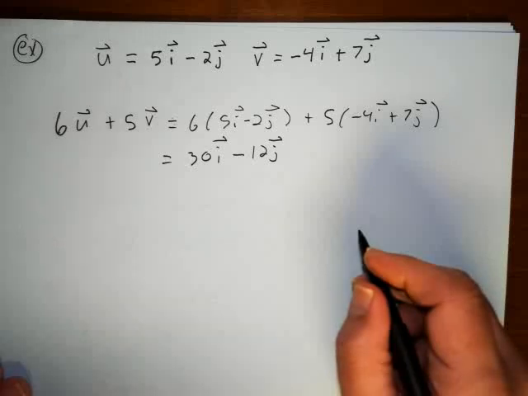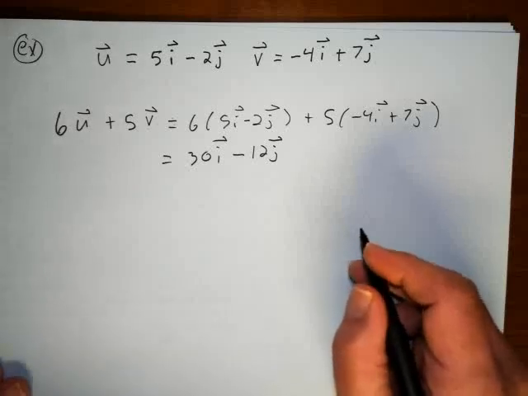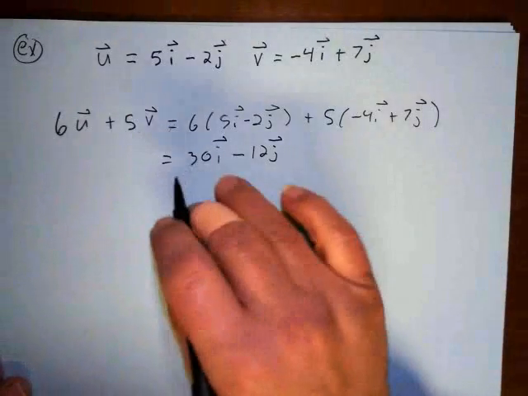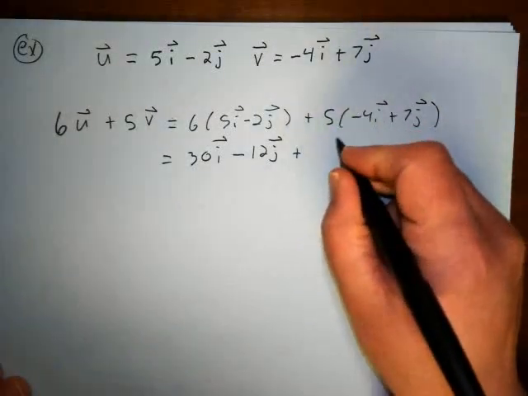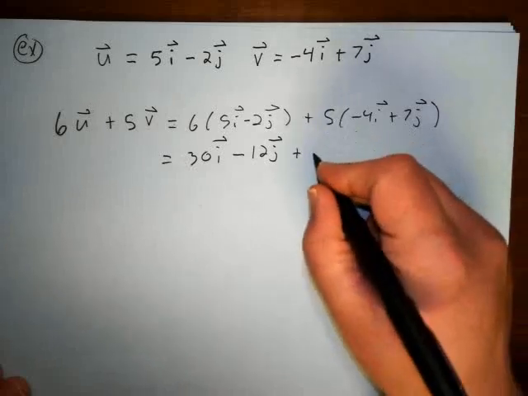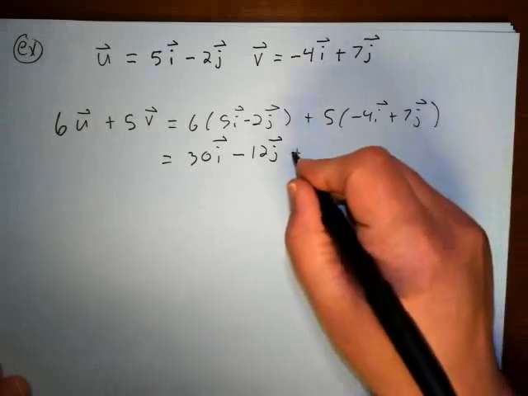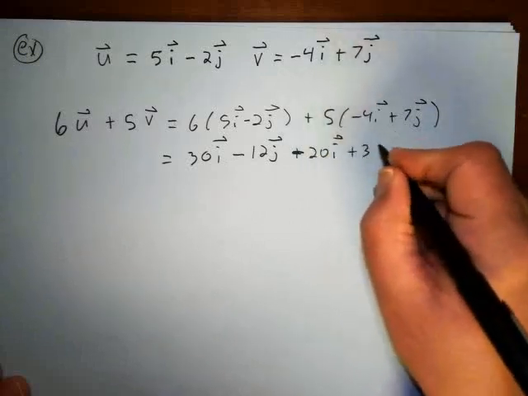I was going to show you that it was the same as this, but this isn't the same for some reason. We'll look. But this is okay here. Then I'm going to distribute the 5, and I could have a minus here, so maybe I'll put a minus 20i, and this would be plus 35j.